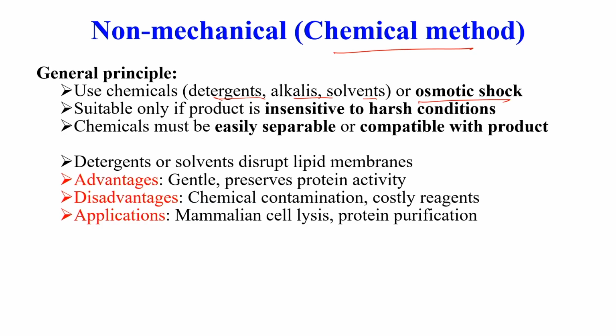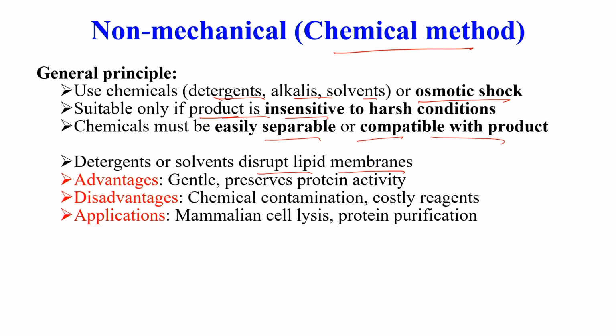As you are using chemicals, it is suitable only if your product is insensitive to this harsh chemical environment, and the chemical must be easily separable or compatible with the product. So how does it work? Let us say detergents or solvent, they disrupt the lipid membrane.